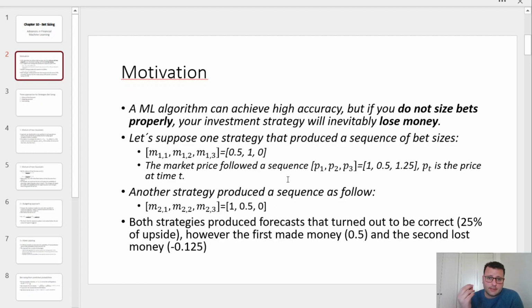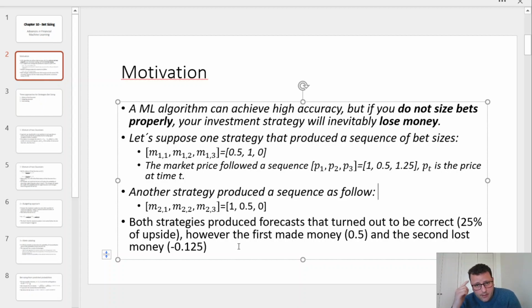What you can see is that both strategies produce the same forecast. I mean, we do not change the forecast of the prices. We use this forecast of the prices here, and we have 25% of upside.